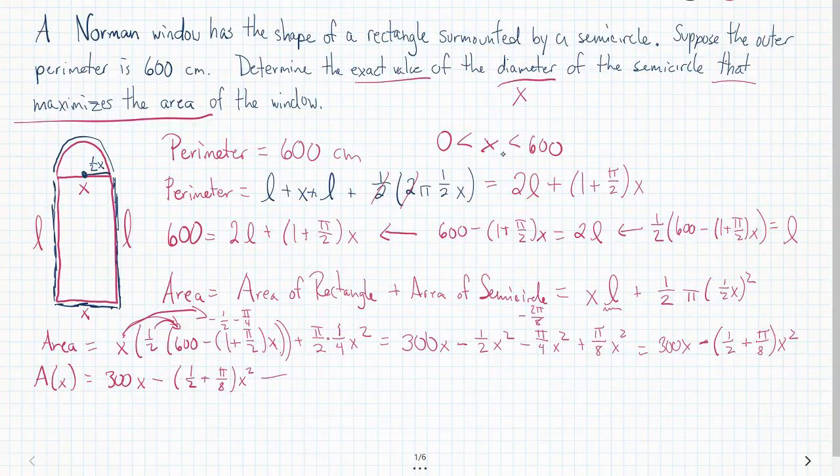So that means what we want to do is take the derivative and set it equal to 0. So A prime of x equals, what do we get? Well, we'll get 300 minus, all this is a constant, so that isn't going to make much of a difference, (1/2 plus pi over 8) times 2x.